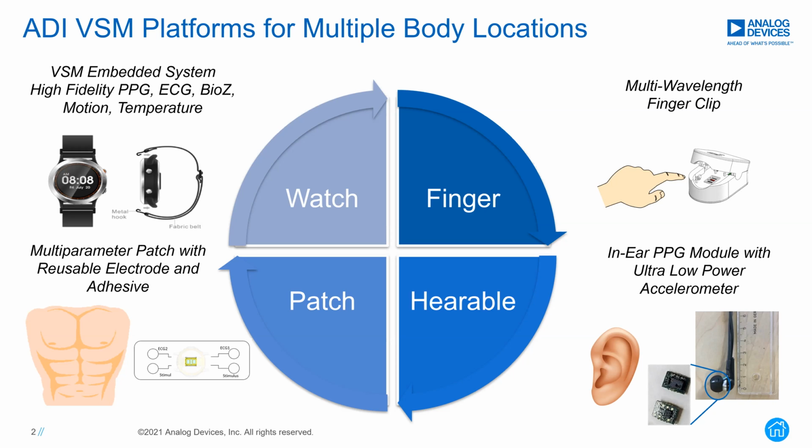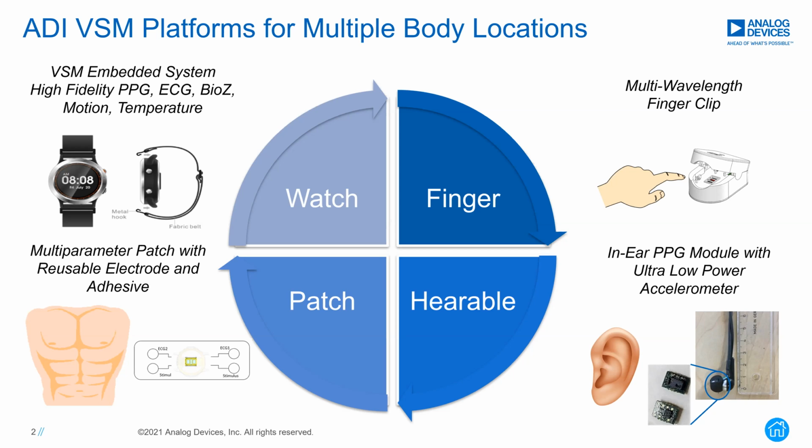The other area we highlighted here is the finger, which is a pretty standard sensing area where we typically have a finger clip. It could be a multi-wavelength clip or a single wavelength clip to monitor again the SpO2 levels and many other things like that.